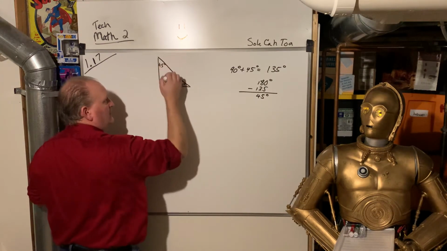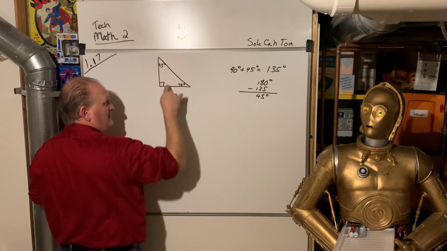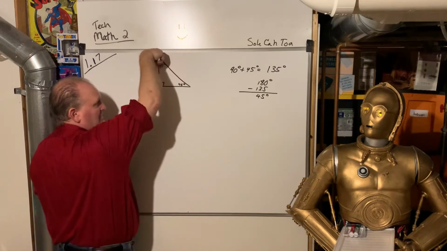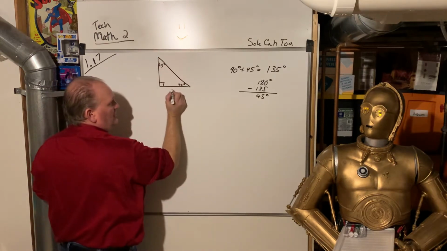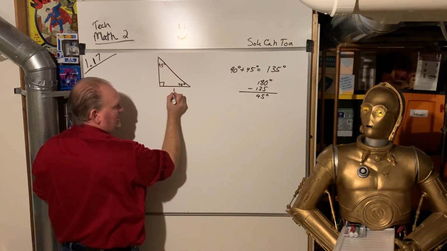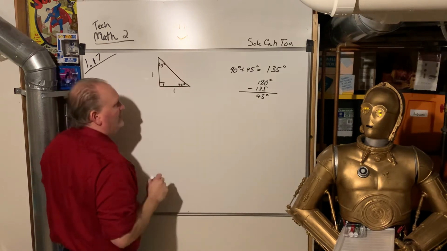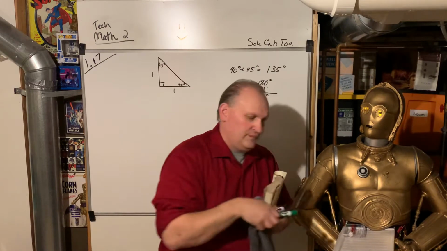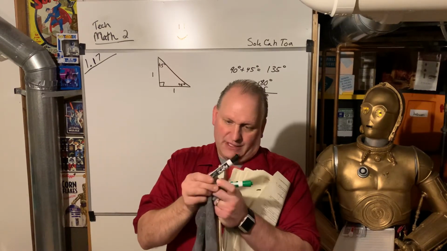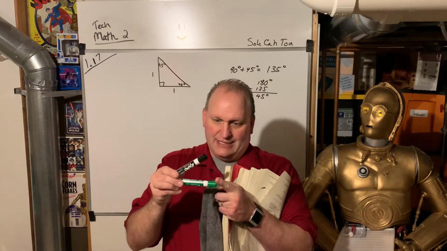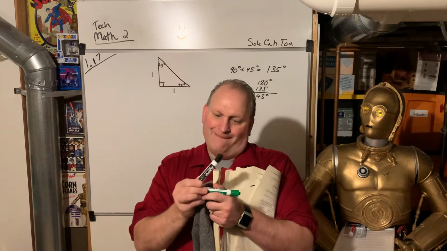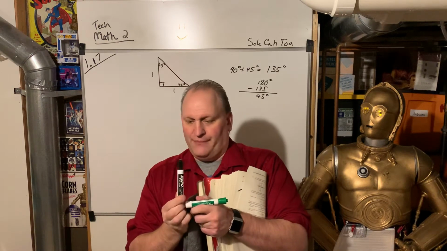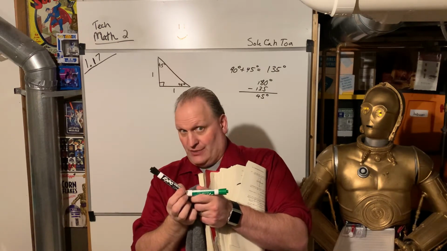That's also, if those angles are equal, then the sides opposite have to be equal. So see how it opens up. So look, we'll call this 1. If that's 1, then that side would also have to be 1, because they're both 45 degree angles. Think about how angles work. If I open this up, if this is 45 degrees, that distance is 1. If I made it 90 degrees, that distance would be more. If I made it 130 degrees, that distance would be more.